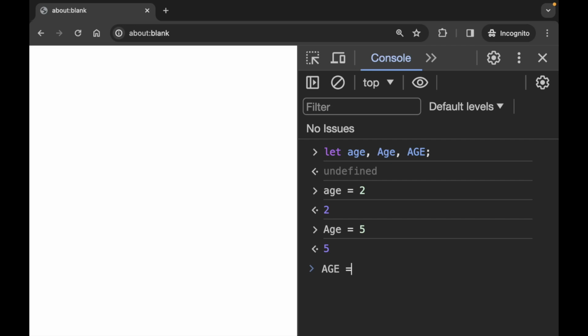I can assign each of these because JavaScript is case sensitive. Each of these are different. So all lowercase age, one capitalized Age is a different variable, and all uppercase AGE is a different variable.